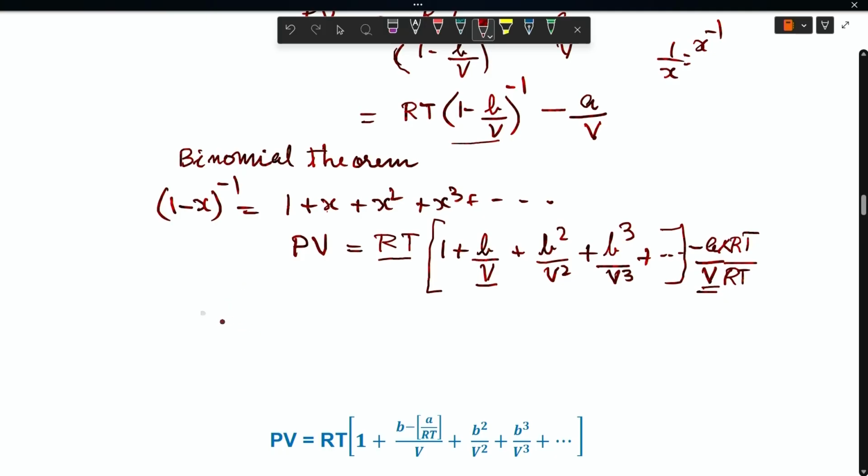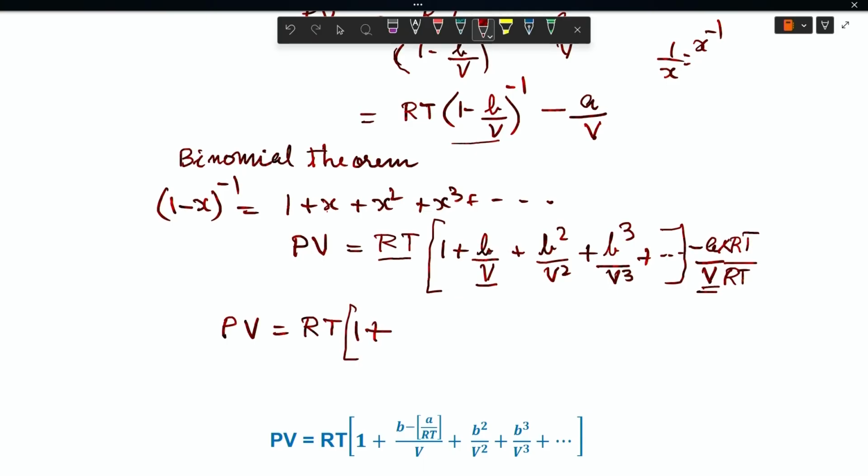Now, the expression will be PV equals RT, 1 plus B by V, and here also we have a V. The only thing is we do not have an RT over here, and that RT has been taken. So, this term comes out of the bracket.